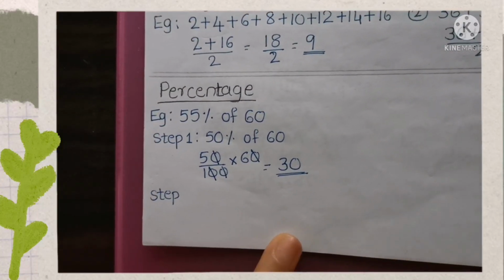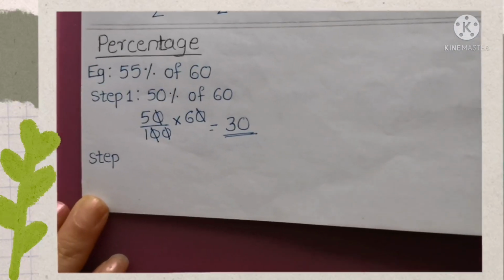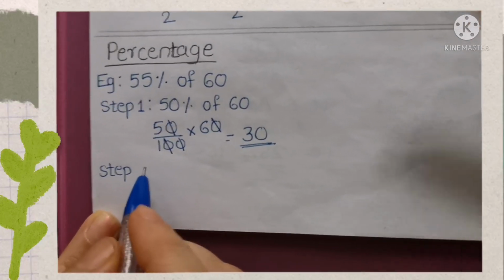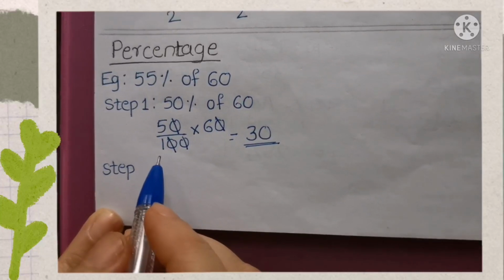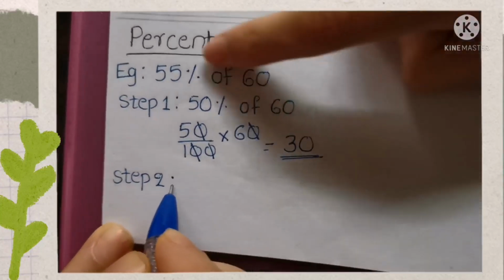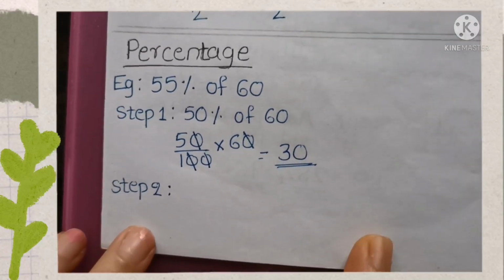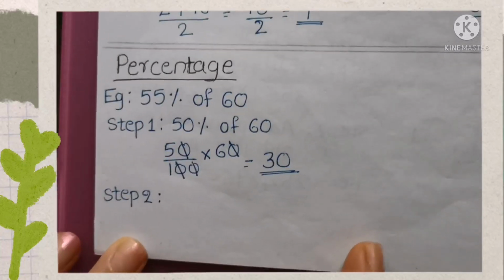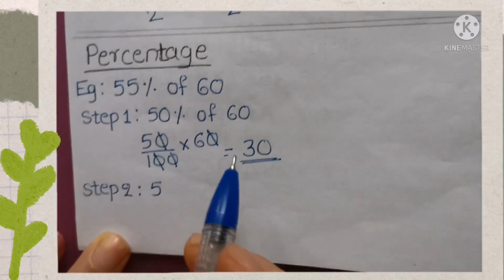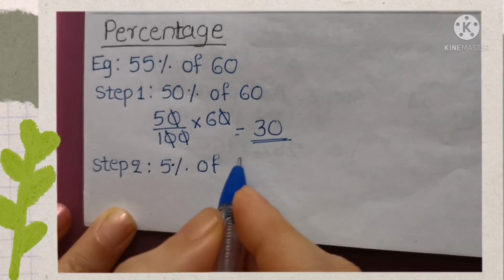By doing this method, we have found 50% of 60, since 55 is split as 50 and 5. So in step 1, we found the 50% of 60, and in step 2, we have to find 5% of 60.